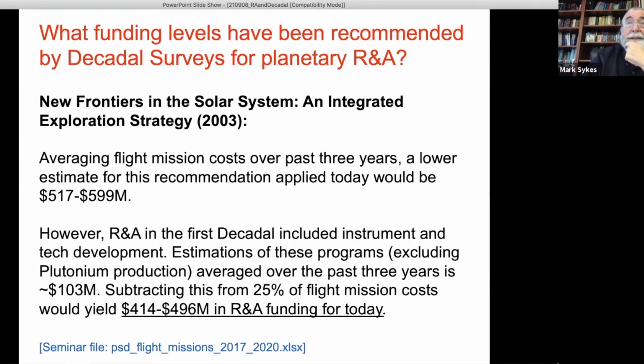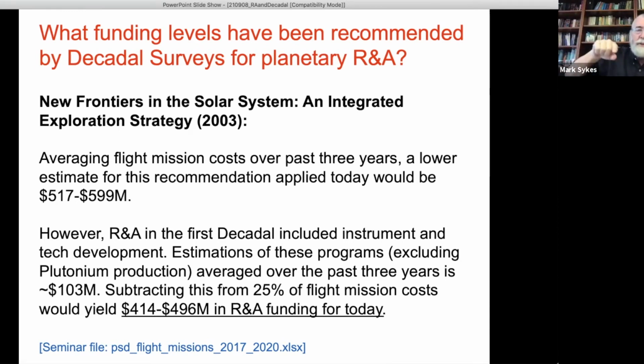And then I went and took the flight missions. And again, what do you include in that? Do you include the multi-mission operation stuff? Do you include just the line for the mission, like OSIRIS-REx?